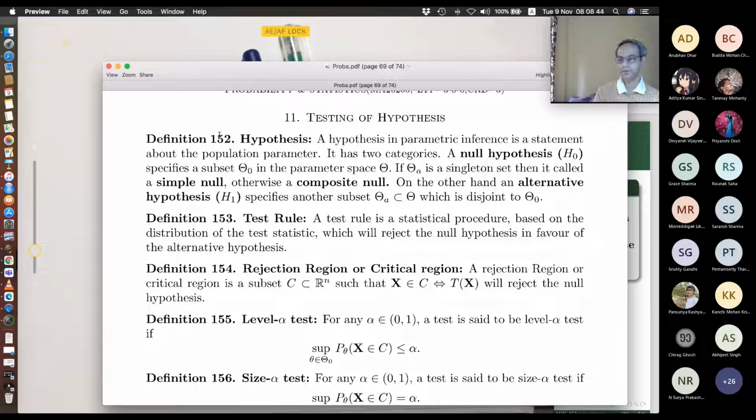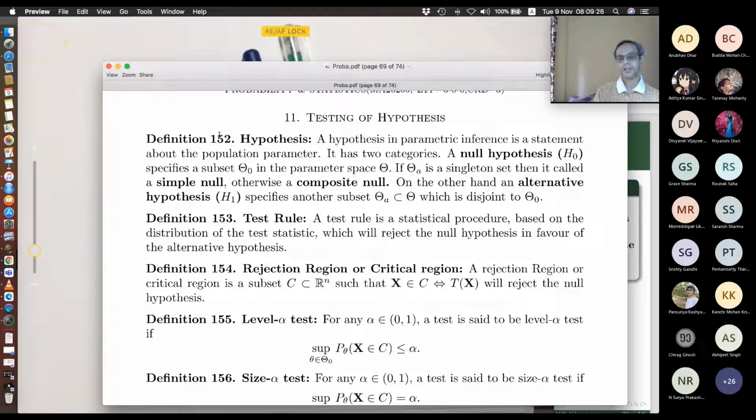So the definition theoretically is this: the null hypothesis, usually written as H naught, specifies a subset in the parameter space, which is capital theta, and the subset specified by the null hypothesis is usually denoted by capital theta suffix 0. An alternative hypothesis, which is denoted by capital theta suffix a, is another subset of the parameter space.